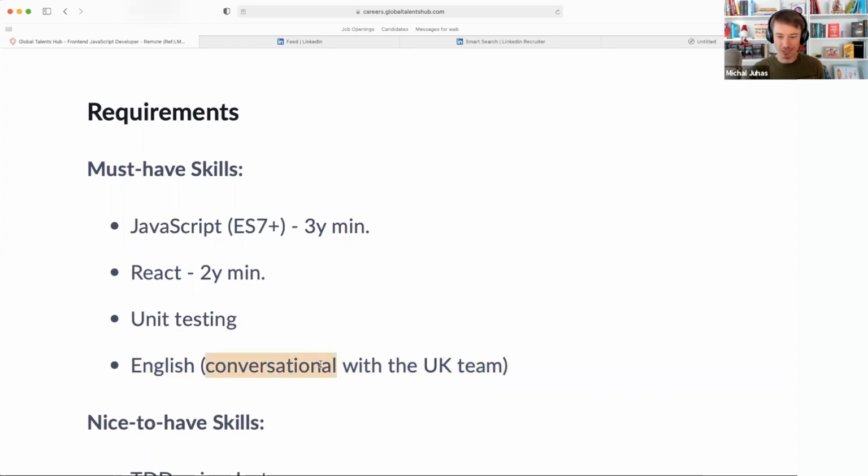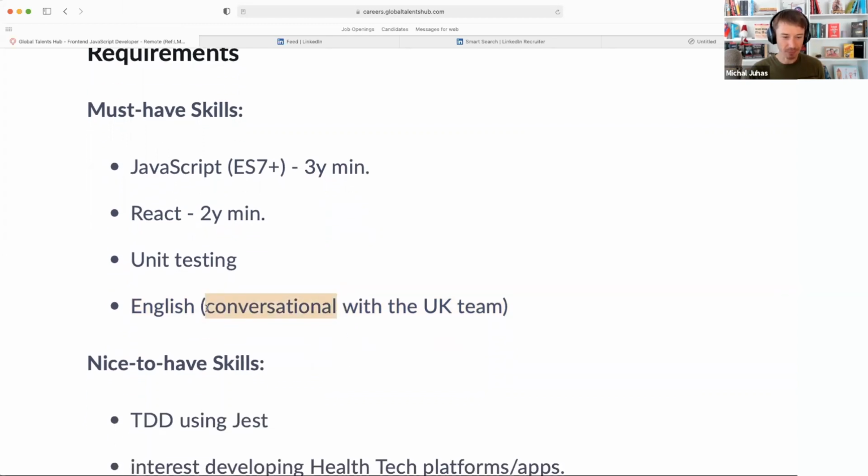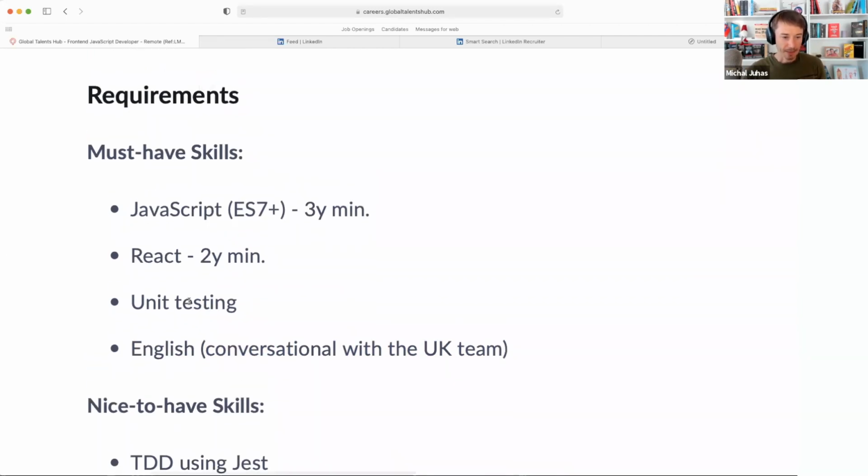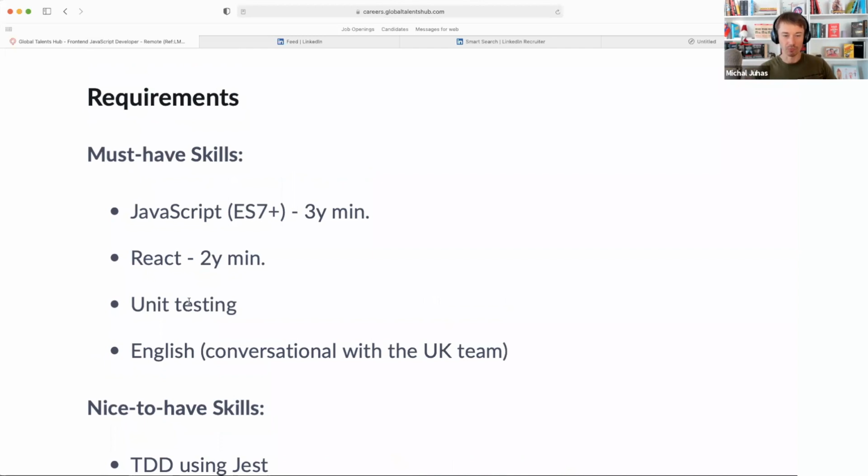So it's much more important in this case because the other developers in the company are also based in the UK, and the developer needs to understand the UK accent. It comes back to those of you who speak with potential candidates in your local language: make sure that you double check their English skills.